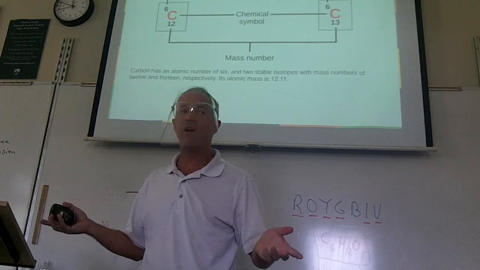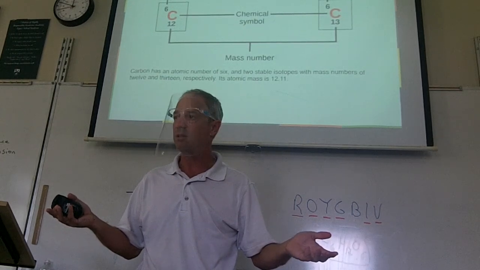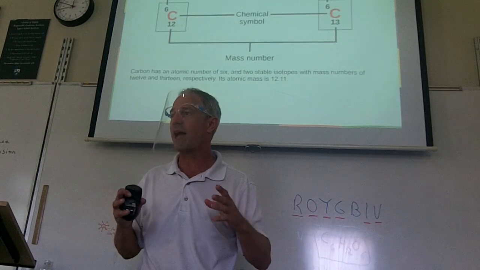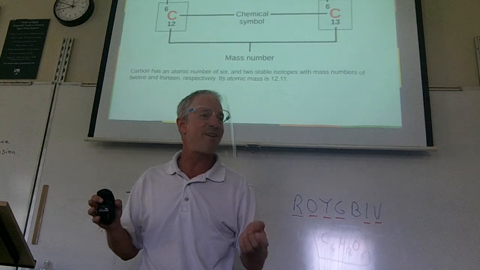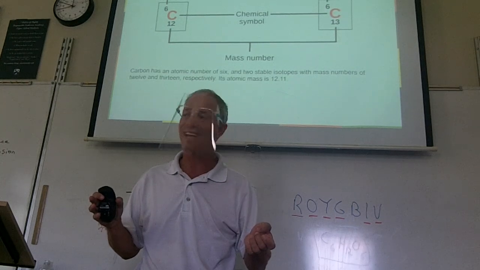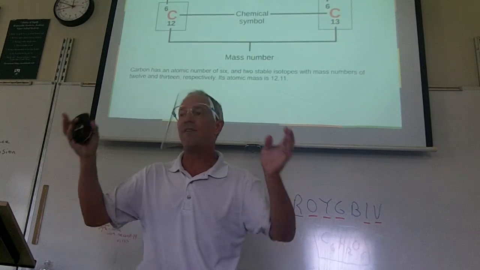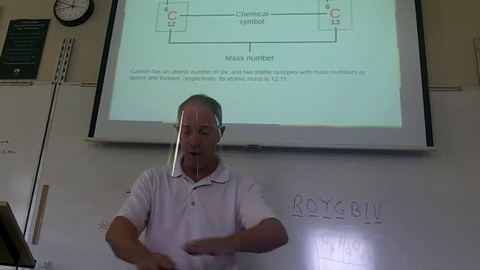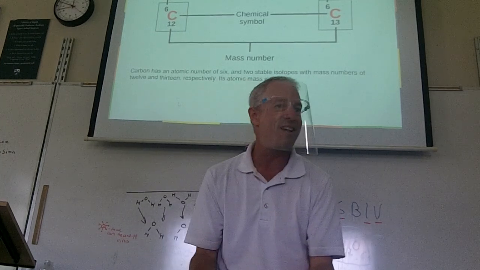It makes up about 1% of the carbon atoms in your body. Did you know that? 1% of your carbon atoms are radioactive. Isn't that cool? You're radioactive. And if you die and your bones are somewhere, that radioactive carbon is still in your bones.